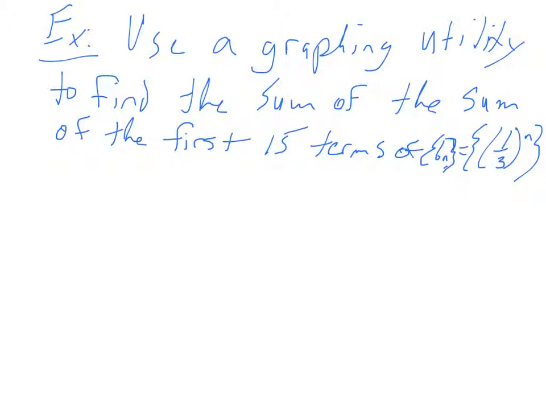that particular sequence. Okay, so to use your calculator to find the sum of the first 15 terms of this sequence right here, we're going to use the following command, which is sum of sequence, right? In the sequence function, we're going to put in the sequence definition first, which is 1/3 to the n, right?